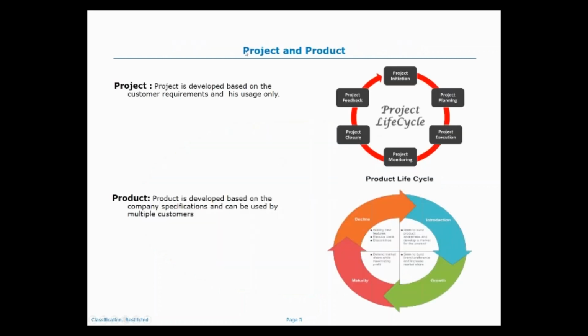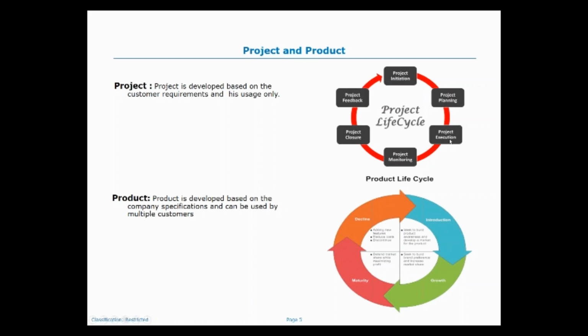So next, the other two terms which are being used interchangeably but should not be are the terms project and product. Okay, so what exactly is a project? If you can see here, a project will go through this life cycle. It will be initiated once you get a contract. Then there will be planning done.